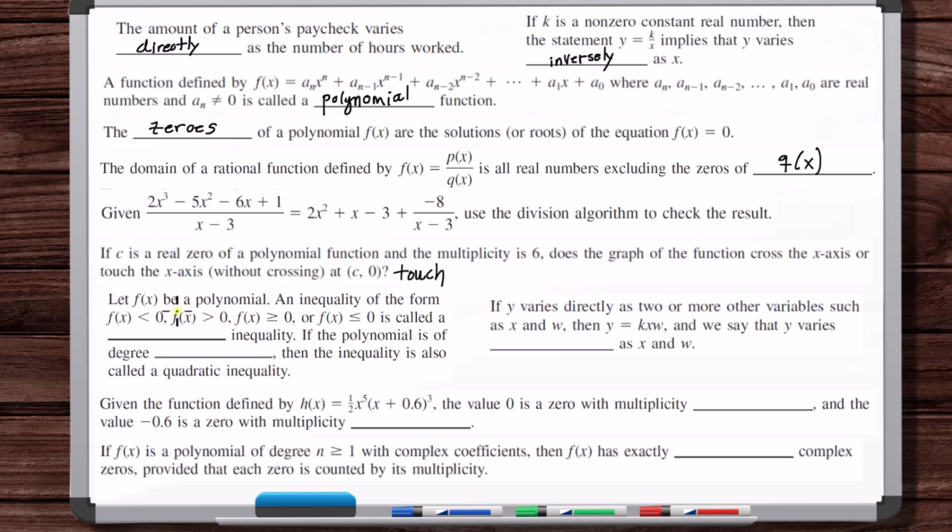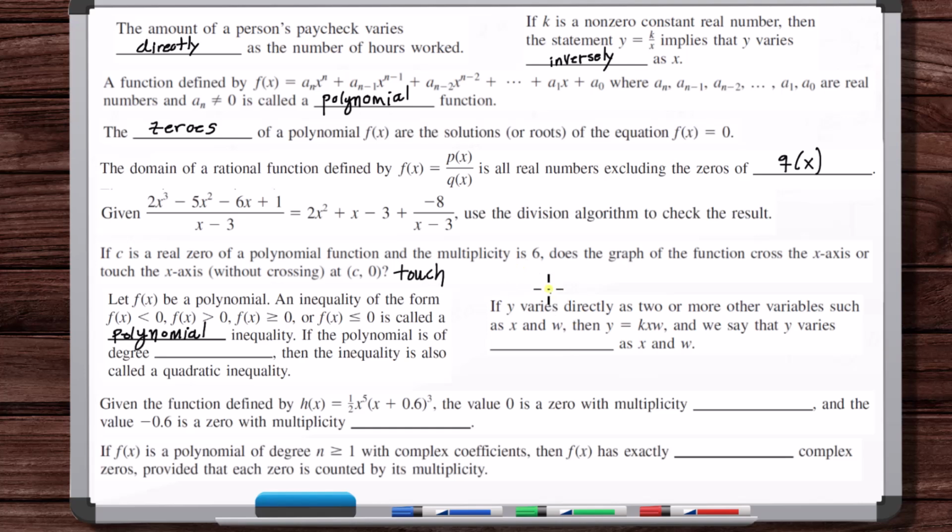Let f of x be a polynomial. An inequality of the form f of x is less than 0, so if f of x is a polynomial, any inequality where the other side is equal to 0, is called a polynomial inequality, if you can put it into that form. You might say, why does the one side have to be 0?